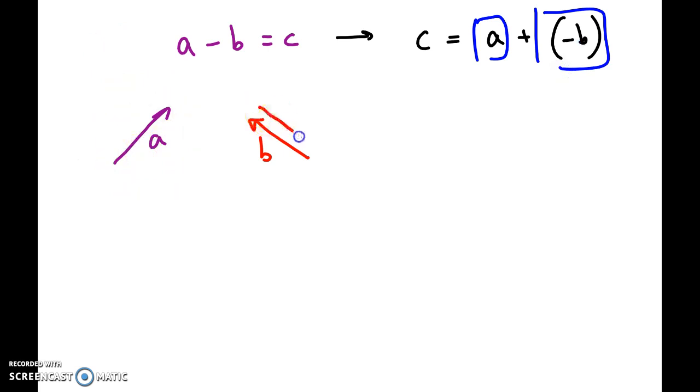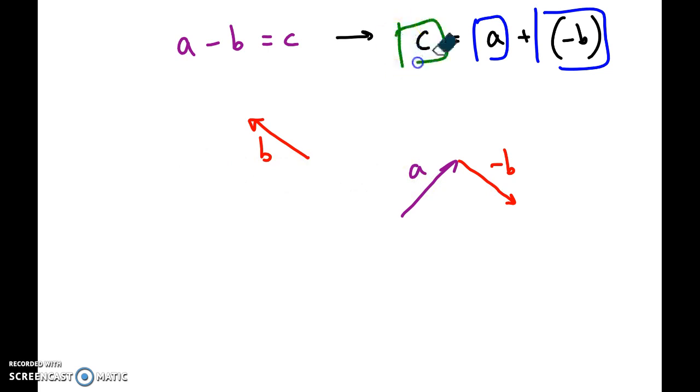You take the exact same vector and you put the arrow on the other side. So now you take your A vector, you take your negative B vector, you add them tip to tail, and the way I've written this, C is the resultant of these two. So I draw C tail to tail and tip to tip. And this gives the exact same answer as before.